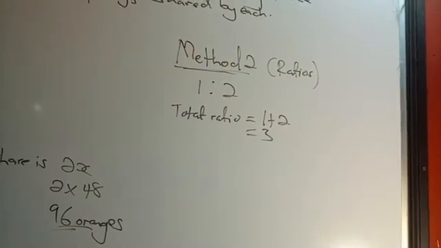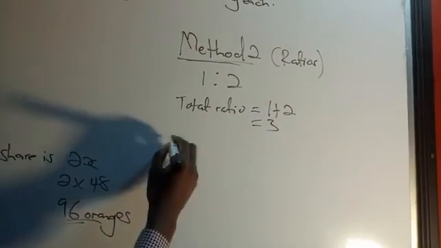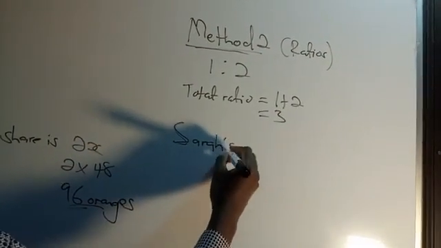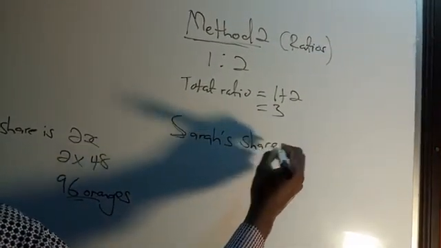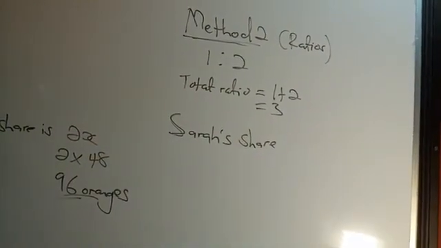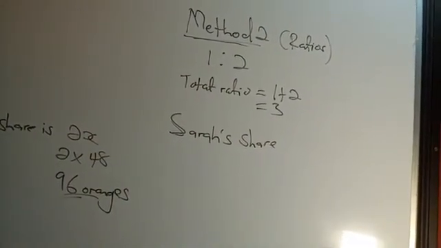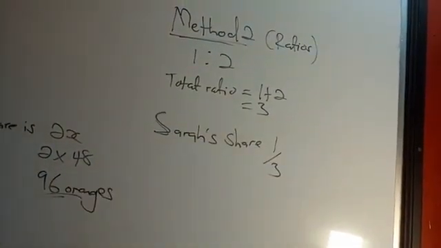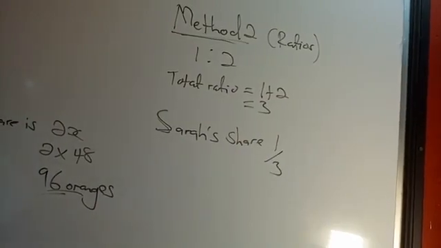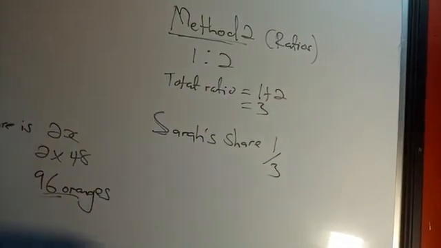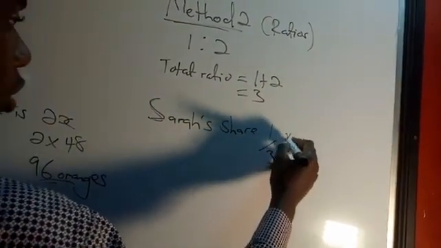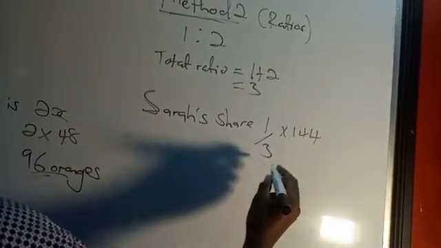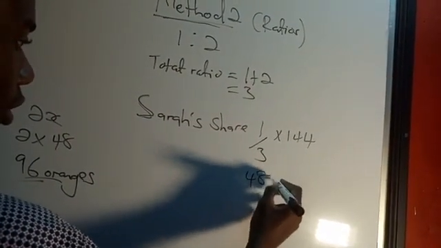And so we start with Sarah's share, which will be equal to the ratio of Sarah, 1 over the total ratio, times the total amount of oranges, which is 144, getting 48 oranges.